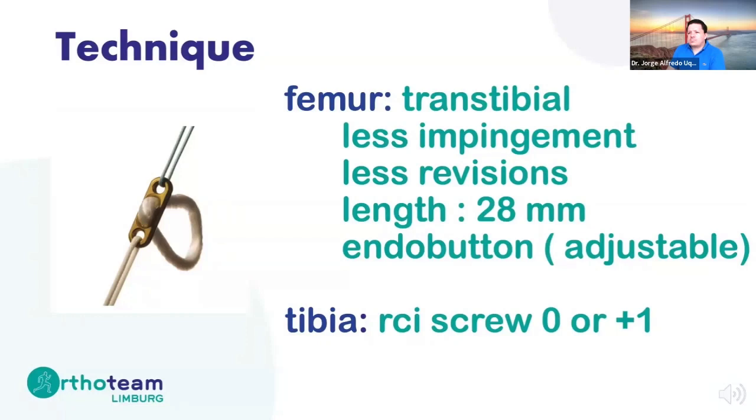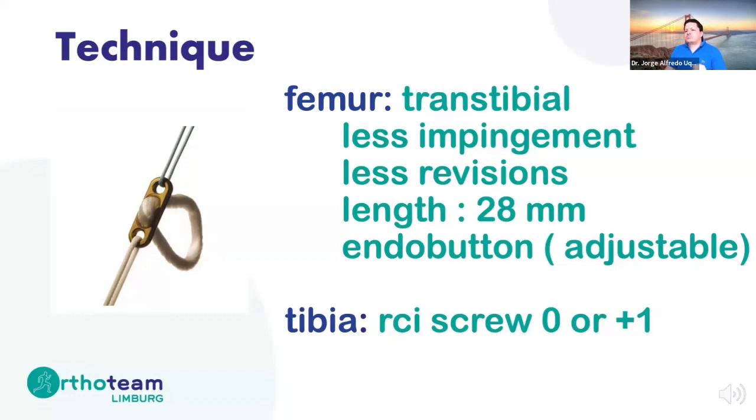There are fewer revisions when you go transtibial, as pointed out by a study by Professor Peter Verdonk. When you use a LARS ligament, you need at least 28 millimeters of ingrowth in the femoral tunnel, and sometimes when you go transportal, you don't get this length.